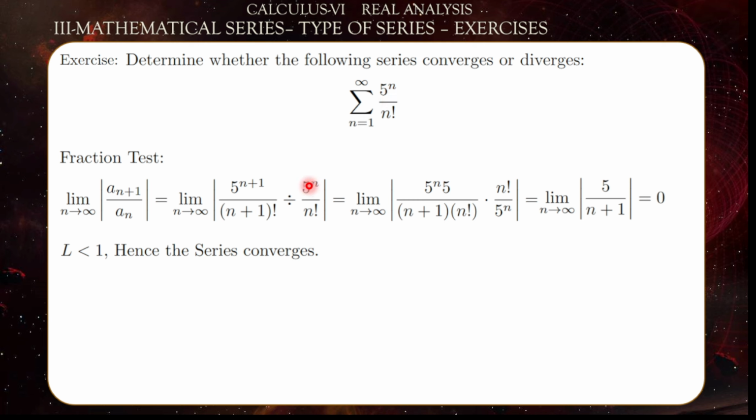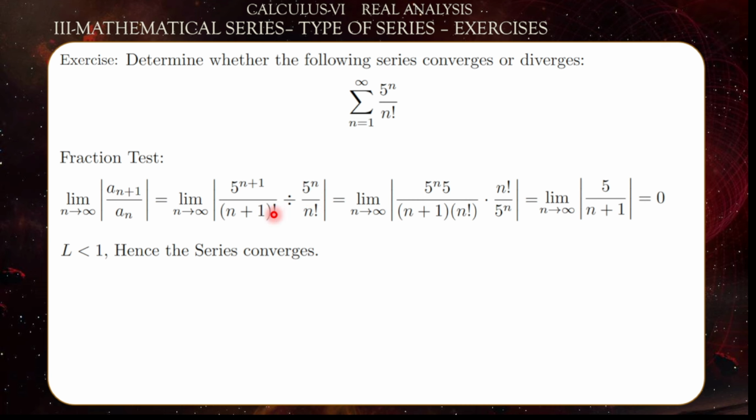Of course, you can flip to multiply this quotient. Okay, the second quotient is dividing the first one. In order to fix that, you multiply and then you flip the quotient.